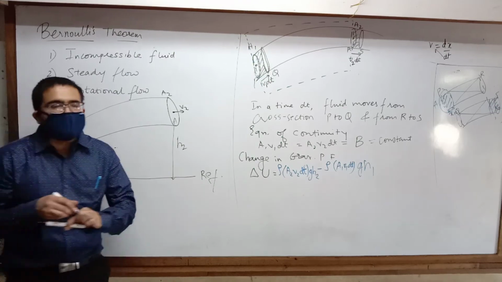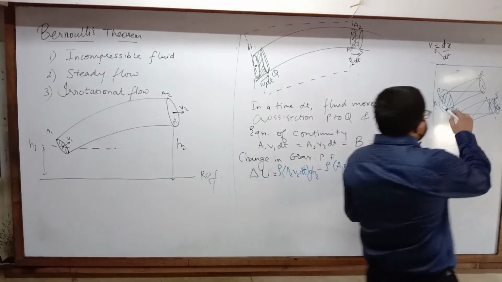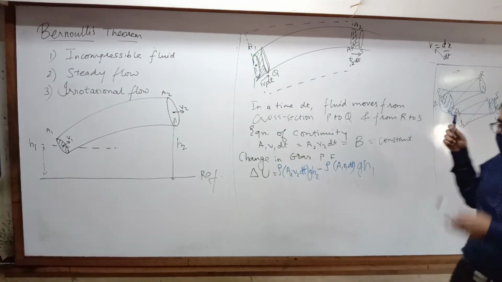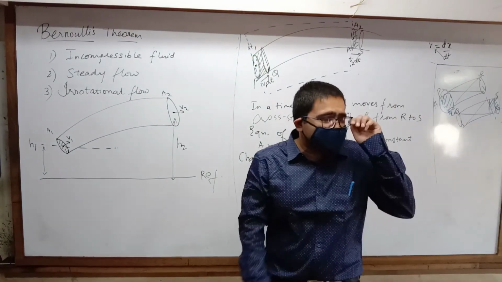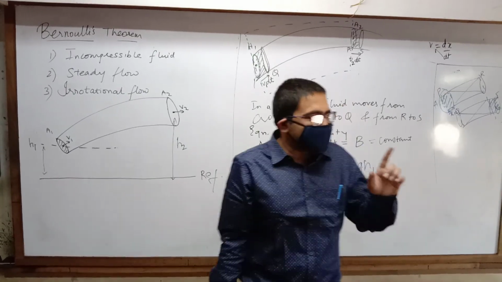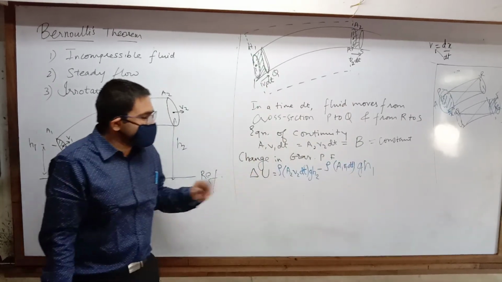Again, we are only interested in change, so the common part is crossed out. Only the change is important, so this is delta U.